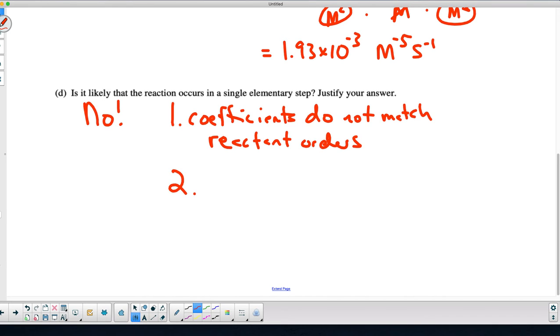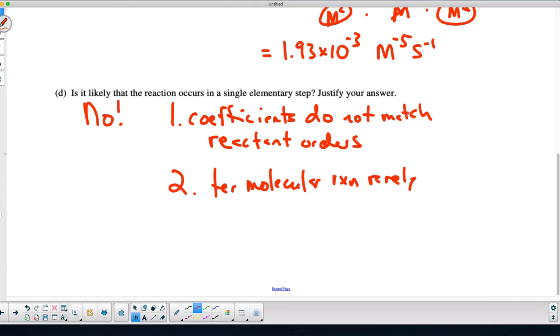My second reason for saying definitely no, it's not a single elementary step, is that you remember me saying in the notes that termolecular reactions happen rarely, because getting three things to combine in exactly the right orientation and energy ends up being very difficult.